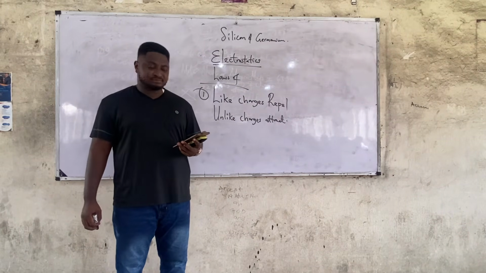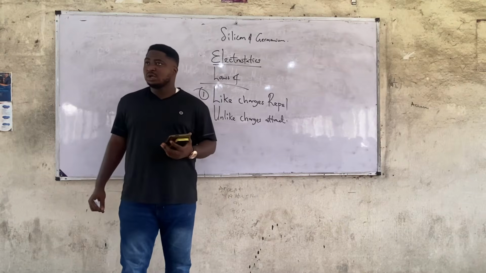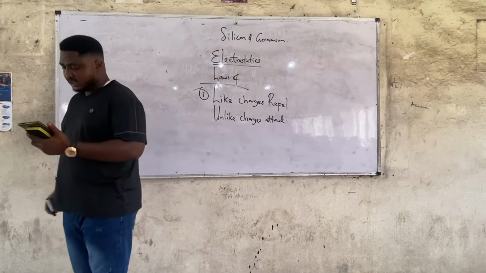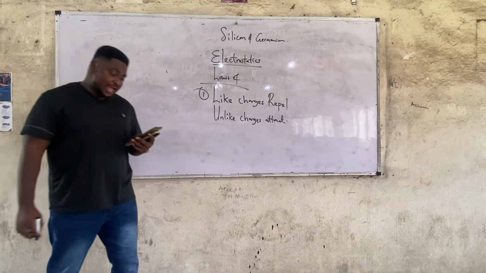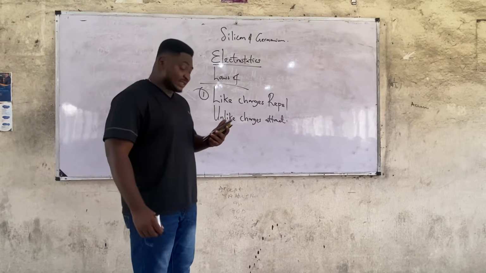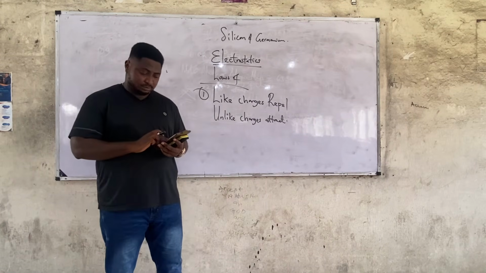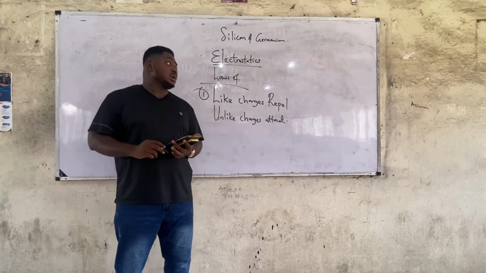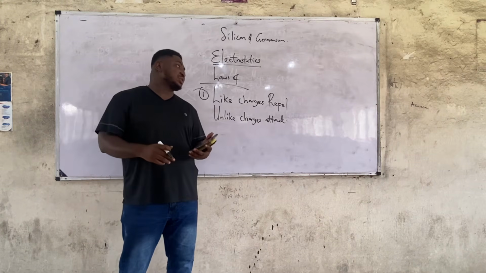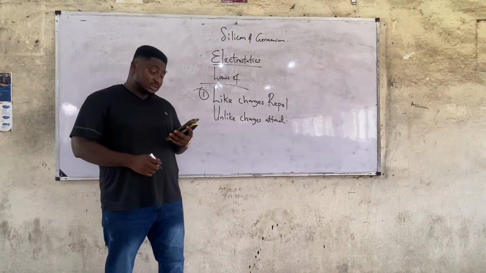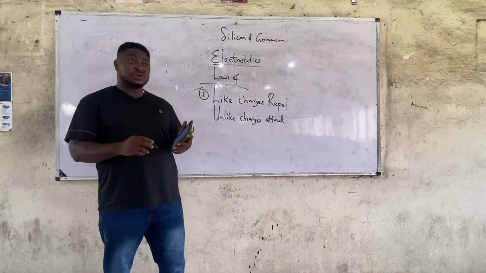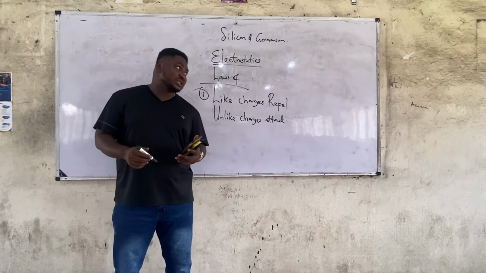Two: the net amount of charge produced in any process is zero. This is known as the law of conservation of charges.